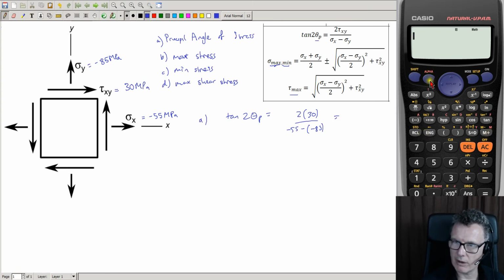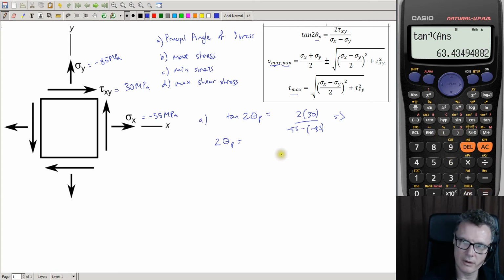So let's put this in my calculator. 2 times 30 divided by minus 55 plus 85, minus minus becomes plus. And then we want to do shift arctan of the answer. So that equals 63.435 degrees.